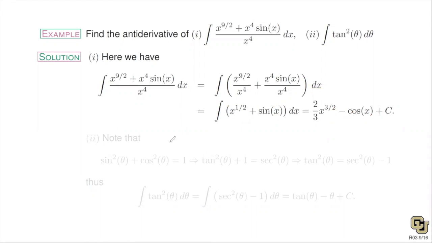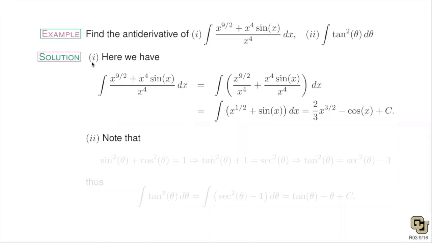And there's our antiderivative. You can check your answer by taking a derivative. I differentiate 2/3 x to the 3/2, I better get x to the 1/2, and we do. Take the derivative of negative cosine x, I better get sine of x, and we do. And of course, the derivative of the constant c is just 0.